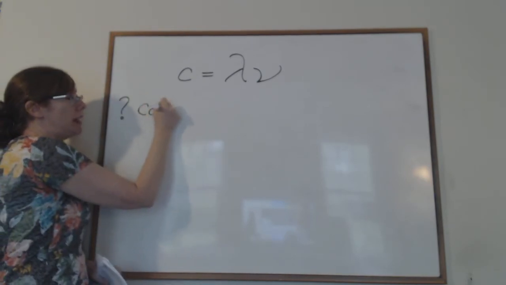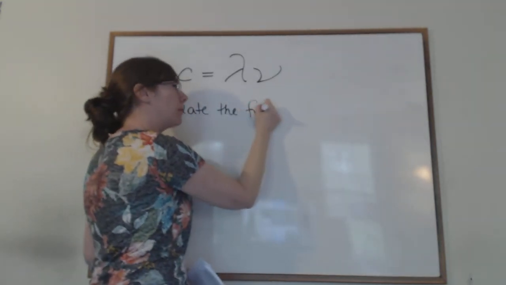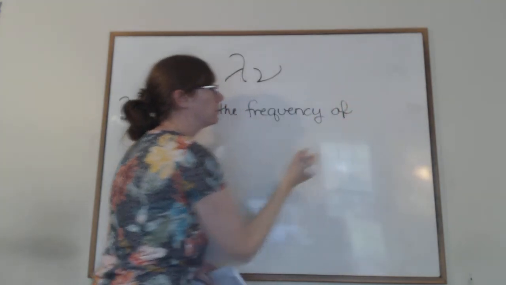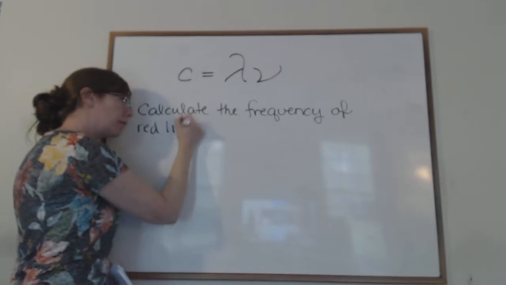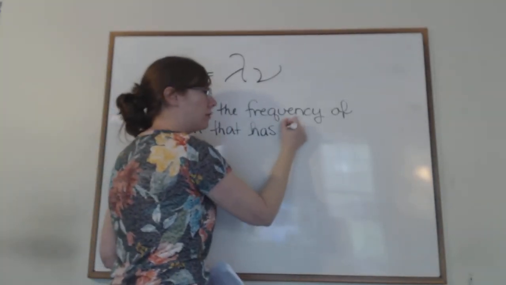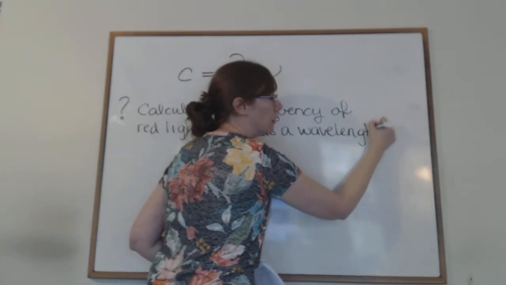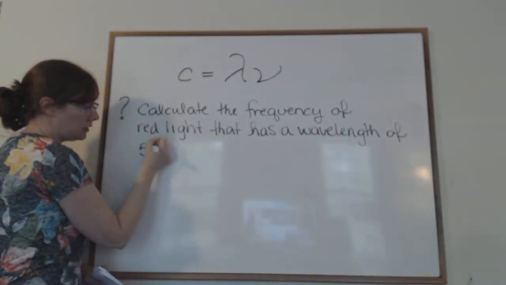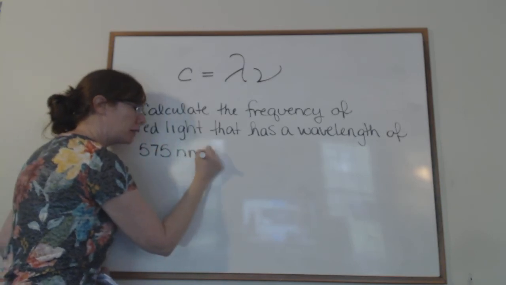Could we calculate the frequency of, let's say, a red light that has a wavelength of, let's go 575 nanometers.